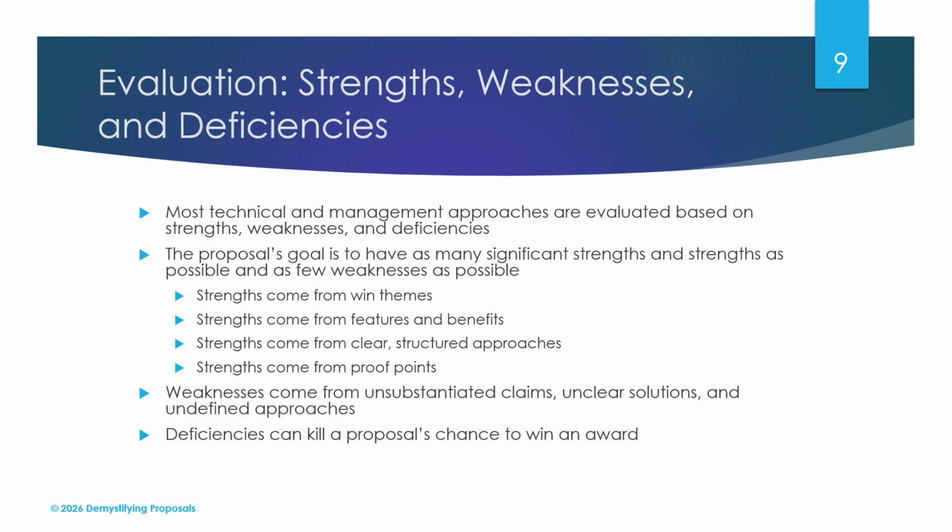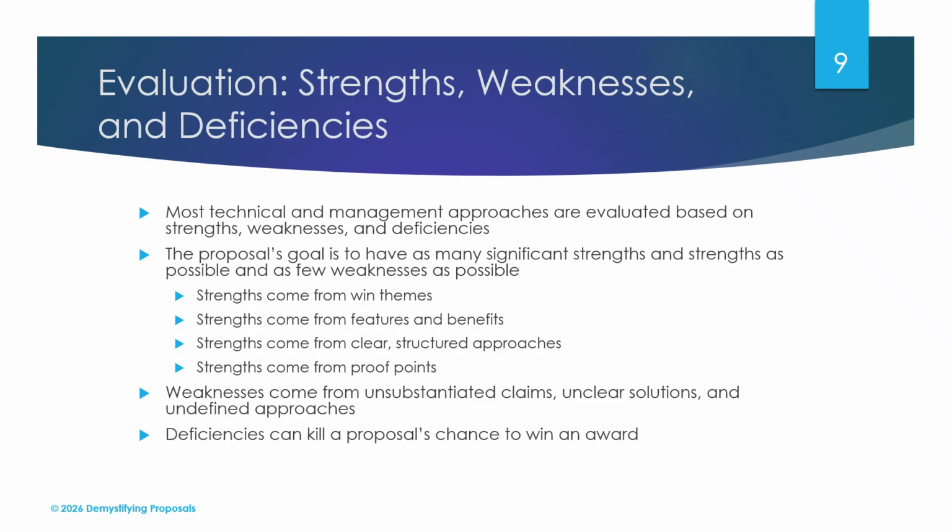Now, deficiencies are the worst version of weaknesses. You can have a significant weakness, and then you can have a deficiency. A deficiency means that they can't see anything good, and one deficiency can kill a proposal's chance of winning.